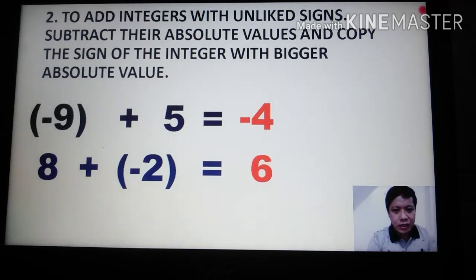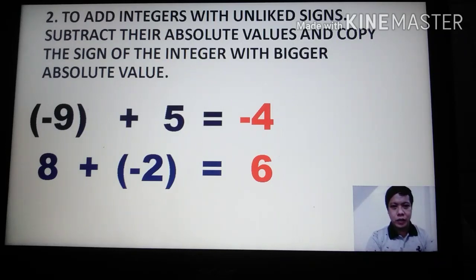Why positive 6? Because they are unlike sign. You have to subtract 2 from 8, and then we have 6. Then follow the sign of the bigger number. The bigger number is 8, or the larger number, and its sign is positive. Therefore, our sum is positive 6.